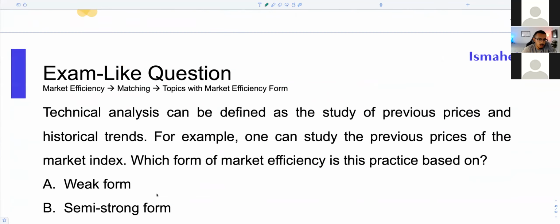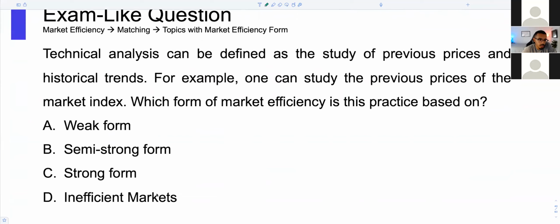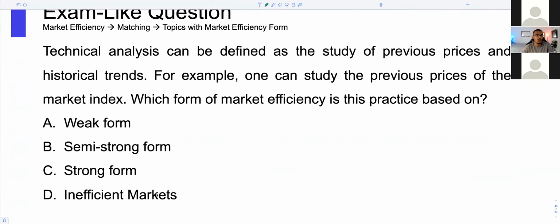Okay, so now we'll do another one, super quick. Technical analysis can be defined as a study of previous prices and historical trends. For example, one could study the previous prices of the market index. Which form of market efficiency is this practice based on? What is the answer?